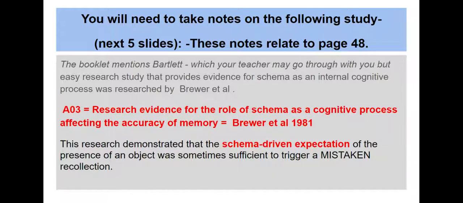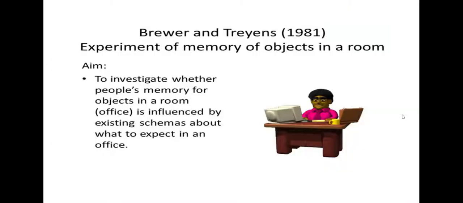So the research demonstrated that if you have a schema driven expectation of the presence of a certain object, then that might actually affect the accuracy of your recall of whether the object was there or not. Right, let's have a little look at the study. Here we go, by Brewer and Treyens, and you can go Brewer et al.